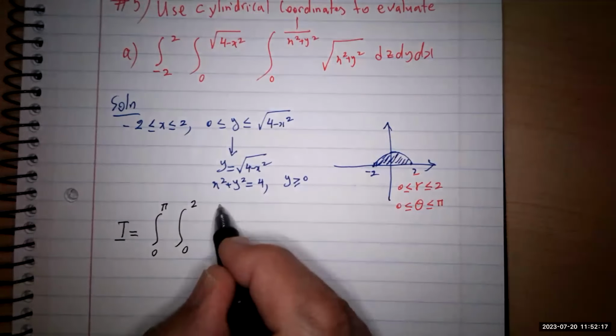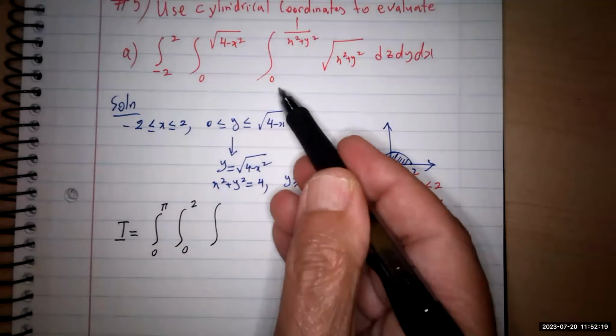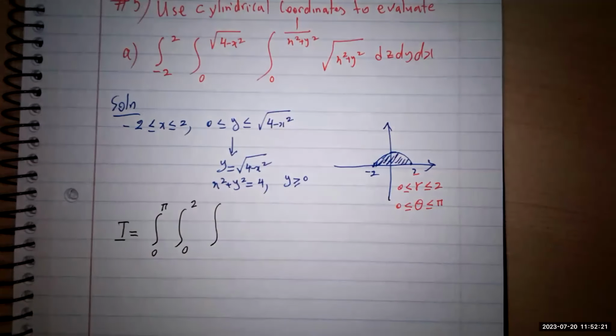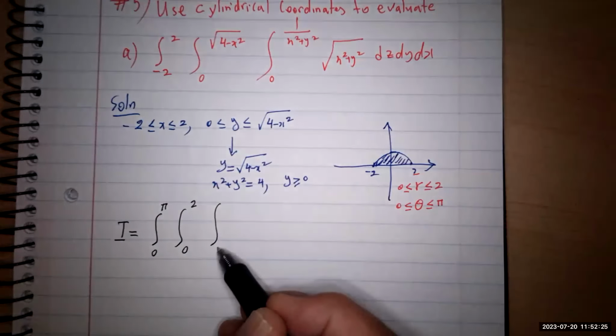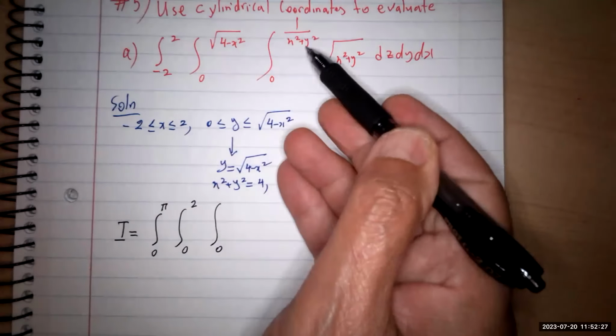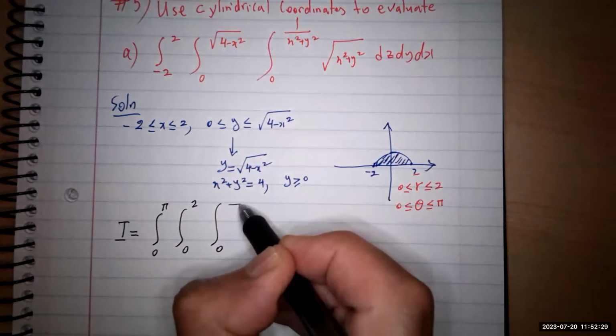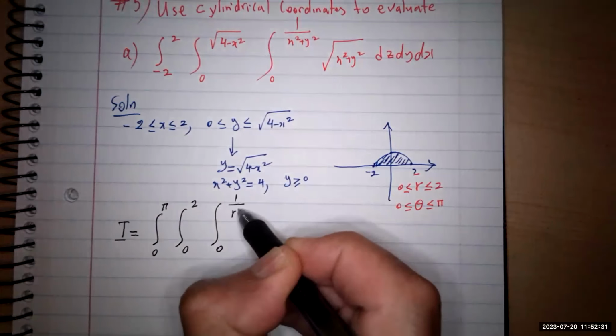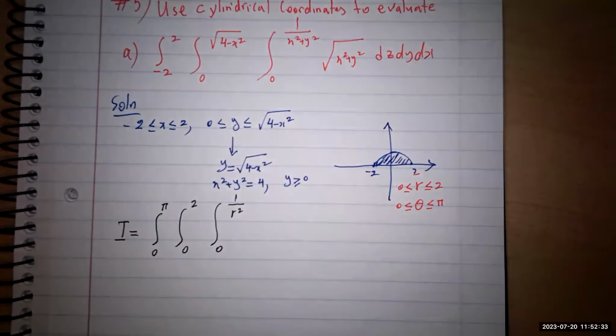Then the z part: z goes from 0 to 1 over x squared plus y squared, which is r squared. You know x equals r cosine theta and y equals r sine theta, but we don't have to substitute.